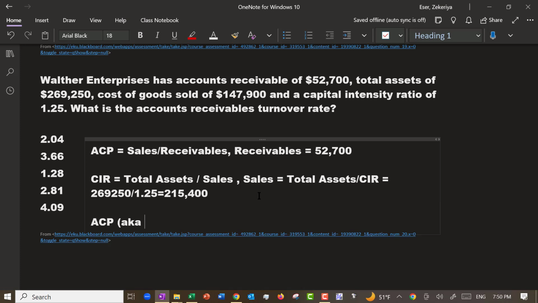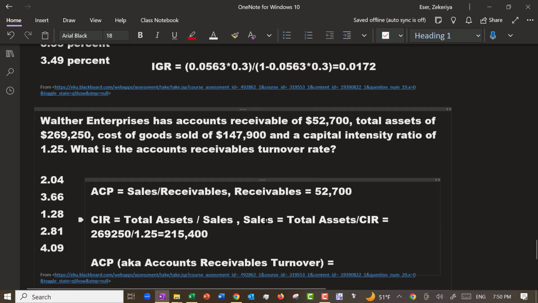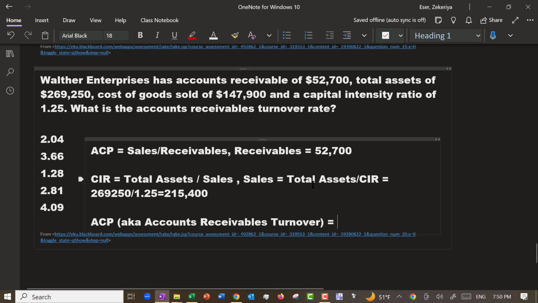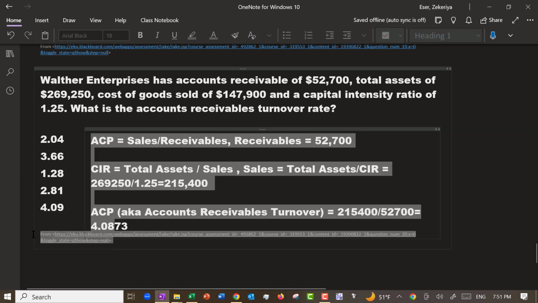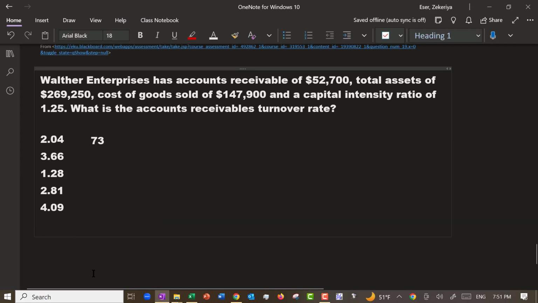AKA accounts receivables turnover. Sales 215,400 divided by receivables.